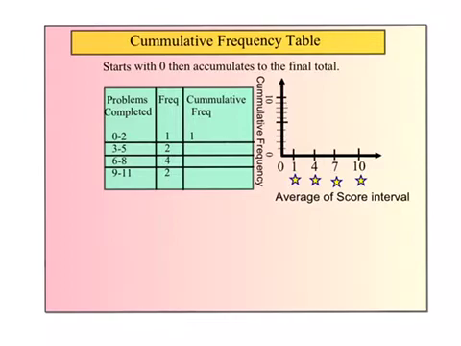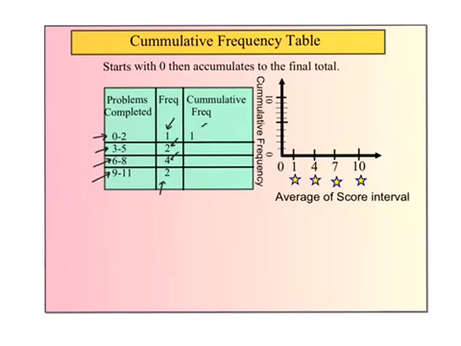The number of people that got 0 to 2 right was 1. The number of people that got 3 to 5 right was 2. The number of people that got 6 to 8 right was 4, and 9 to 11 questions right was 2. So the way this cumulative frequency table works is we accumulate totals in that third column.